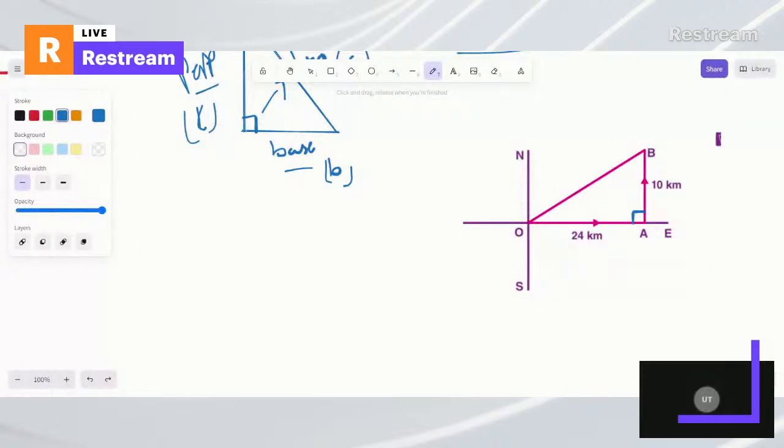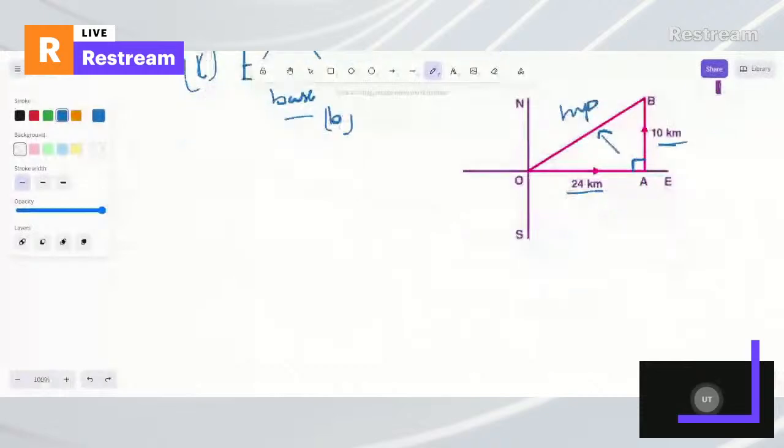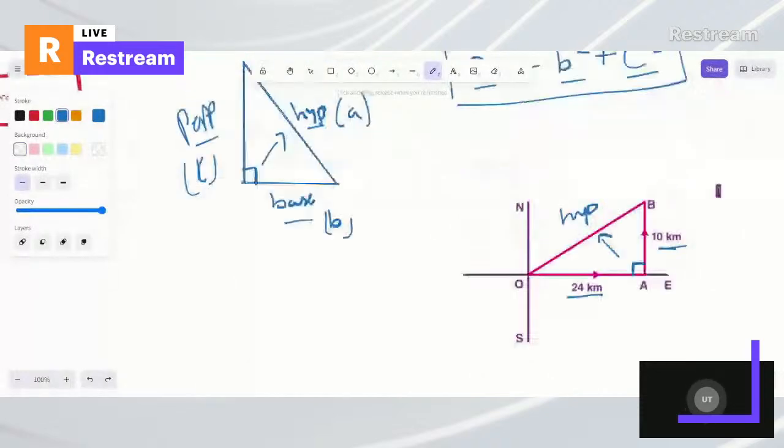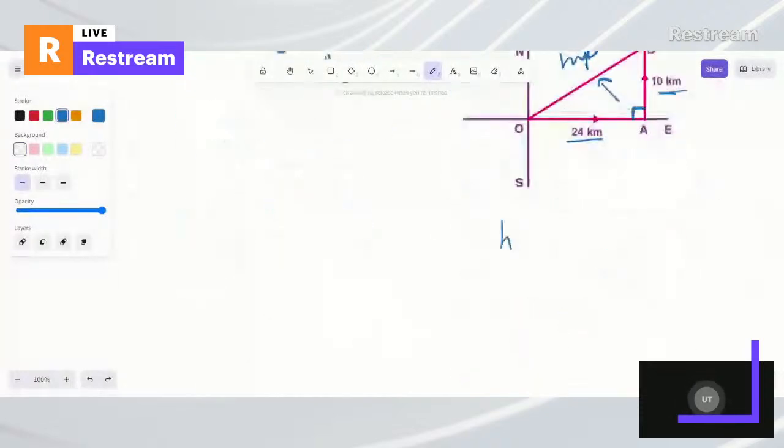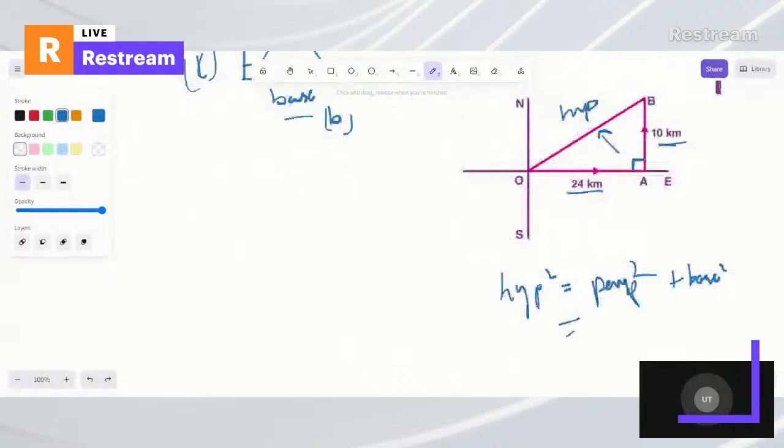This side would be the base, this side would be the height, and this side would be the hypotenuse. So we are going to incorporate the Pythagoras theorem: hypotenuse squared is equal to perpendicular squared plus base squared.